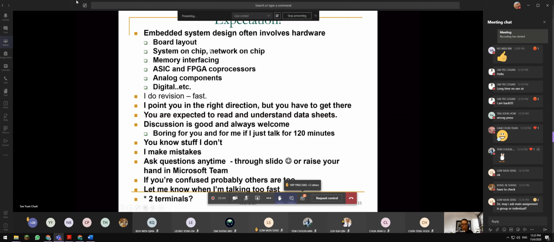But for previous students, your seniors, I do expect they know how to draw PCB, how to read a schematic diagram. They know what a system on chip is, the fundamentals of networking, and memory interfacing. They know what a data bus and an address bus are, and how we have a program code memory and a data memory.